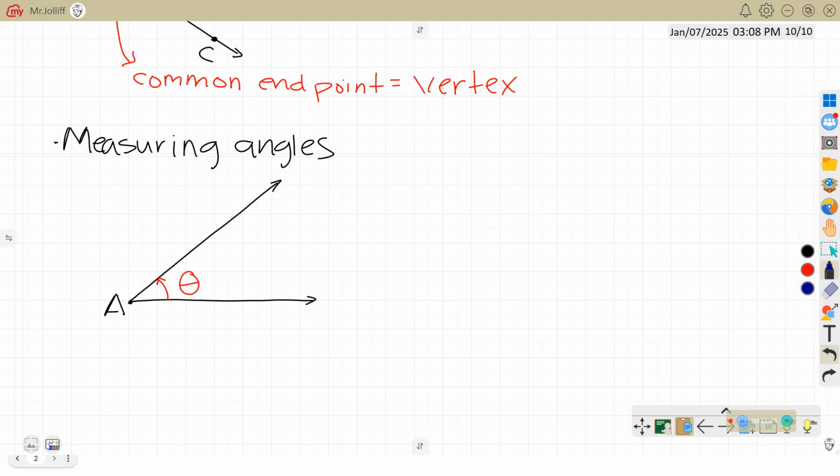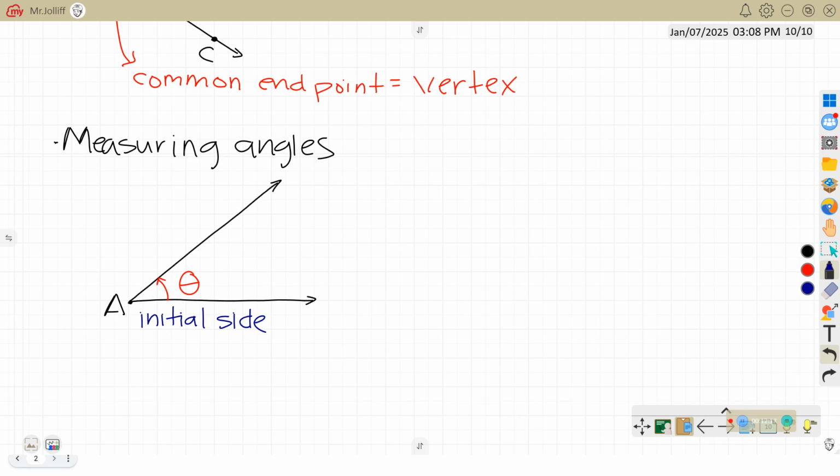The sides of the angle get labeled depending on where we start the angle measurement and where we stop. That has to do with this little arrow we drew. Where we start the measurement is called the initial side. How many people in the room have used a protractor before? The little half circle, I see a couple hands. The initial side is the side that you line up the bottom of the protractor with.